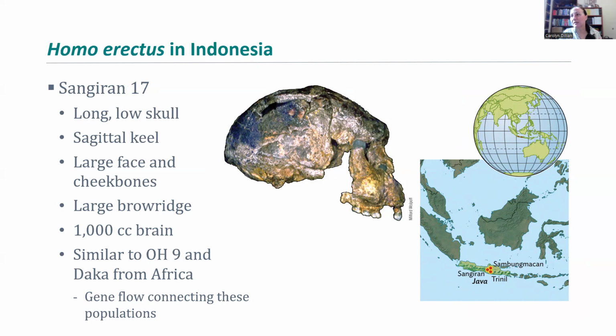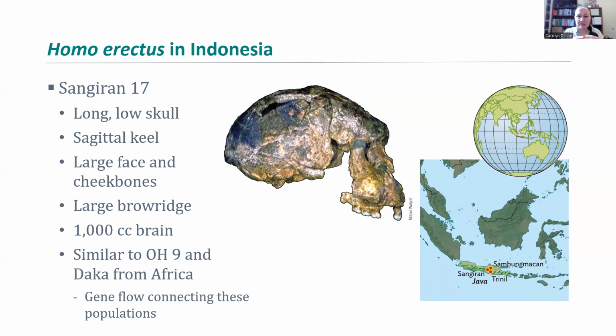included specimens like the Sangiran skull that has a lot of older characteristics. So it is a long, low skull, does not have our domed forehead, has a very thick brow ridge, and a heavy neck muscle attachment in the back.